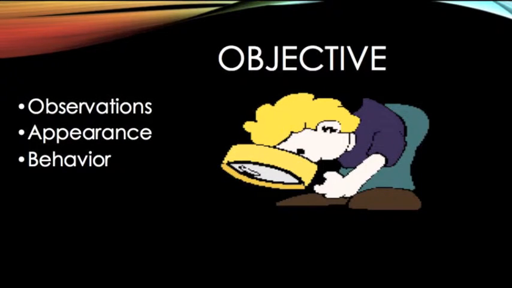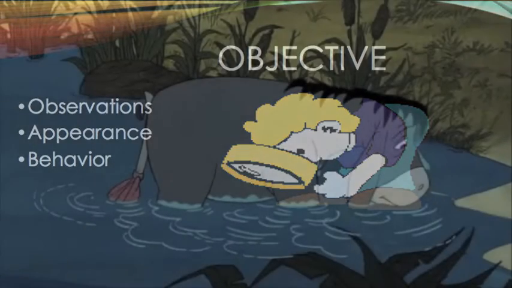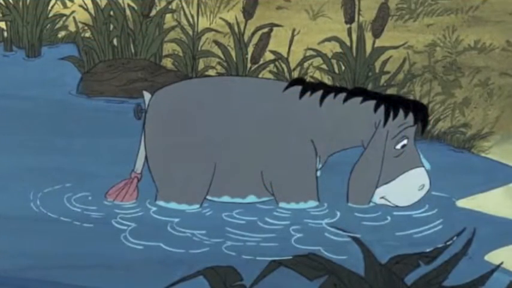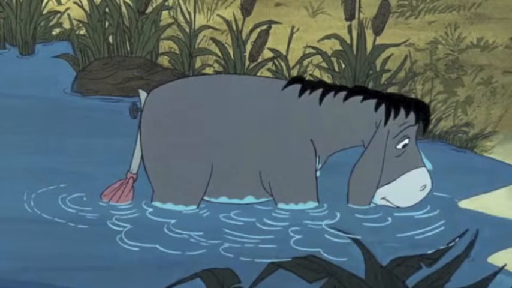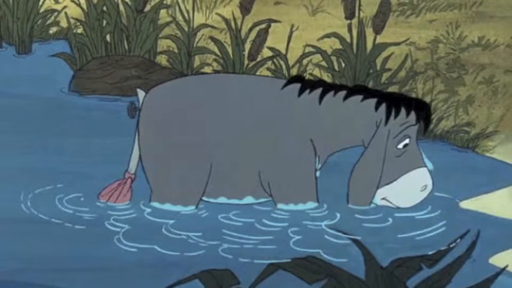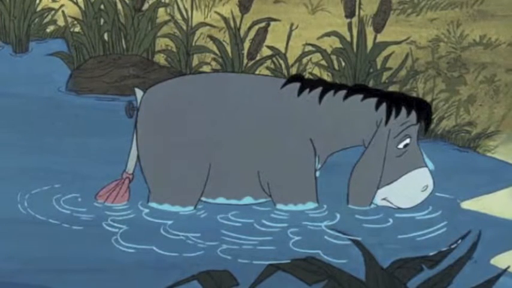Now, the next letter in SOAP is the O, which stands for objective. This is observations, appearance, and behavior that we may witness with a client. Now for this, we are going to utilize an example found within Winnie the Pooh, where we can focus on a new client's behavior. So we see Eeyore, and we can make observations about his appearance and his behavior.